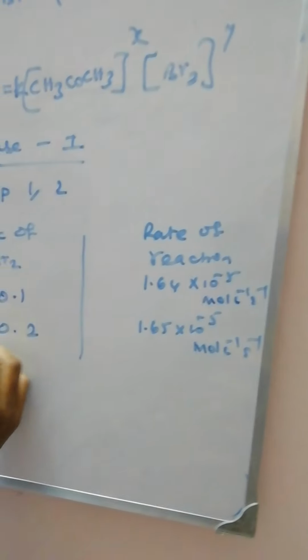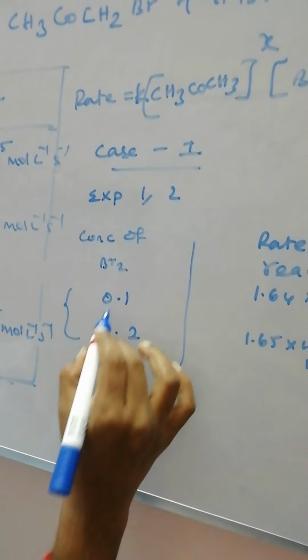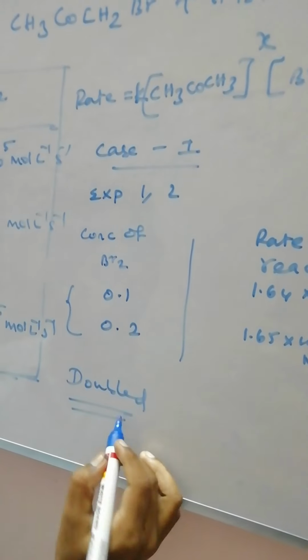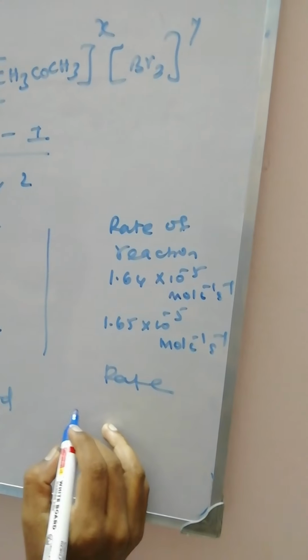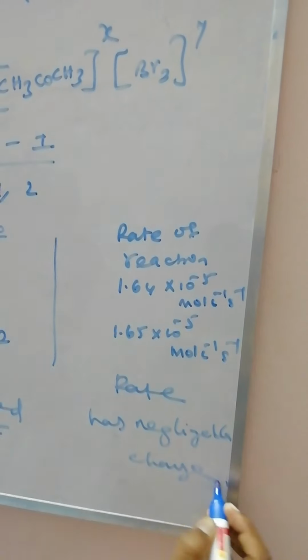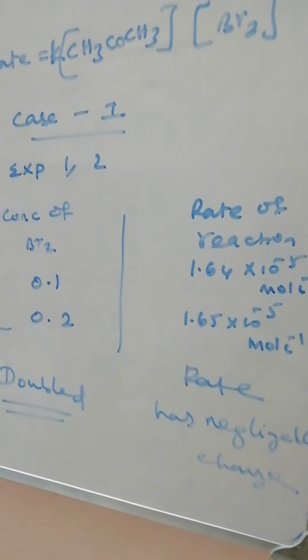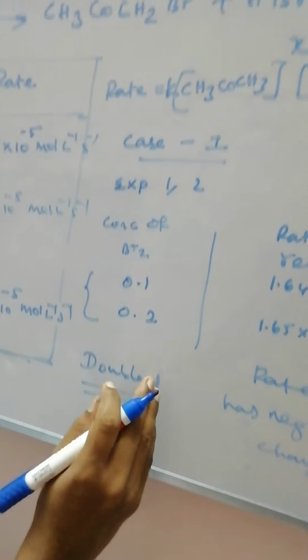If I double the concentration, 0.1 to 0.2, the rate has negligible change. So from this data we observe that change in concentration of bromine will not affect the rate of the reaction.